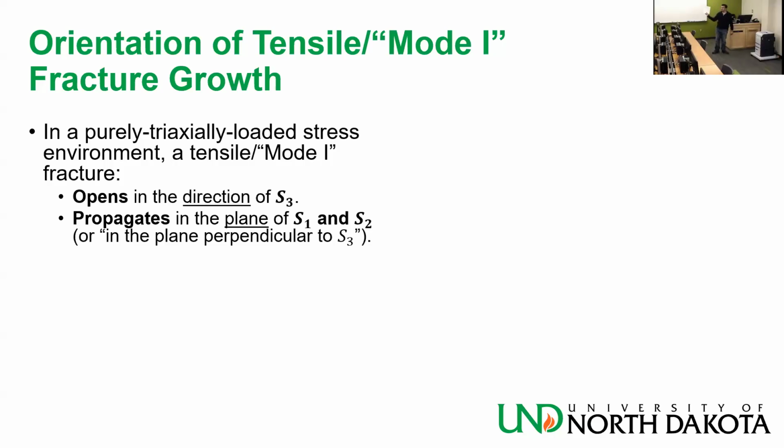Now, if it was like this, the width remains S3, but the fracture is more tall than long. So the height is bigger than the length. So S2 will be in height and S1 would be in length.